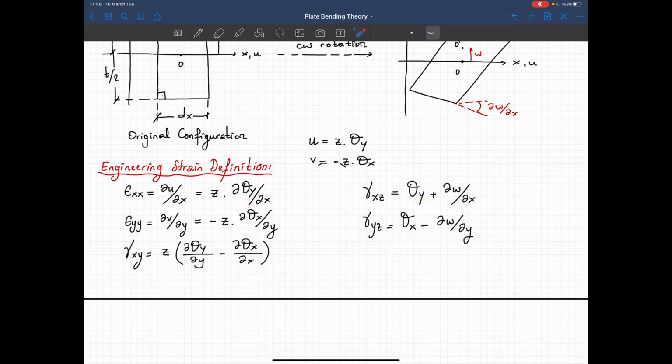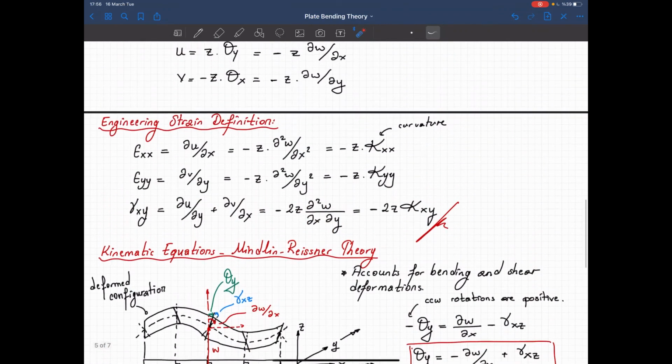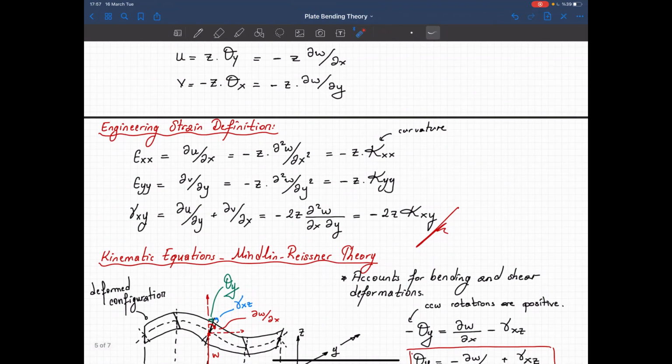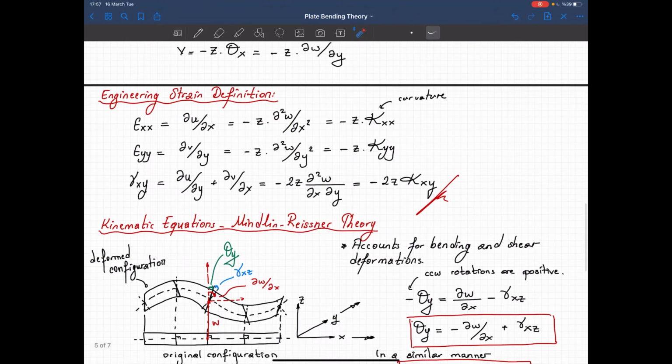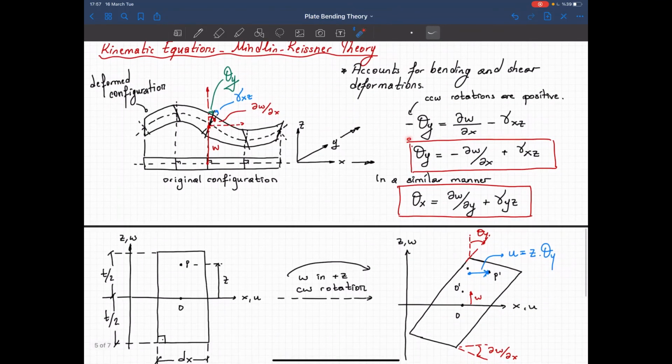So the difference of these engineering strain definitions from the thin plate element is I was able to write that the rotations are equal to the first derivative of the transverse displacement. So I was able to represent the curvature in terms of the transverse displacements. But here, if you look at the rotations, now the rotations are no longer equal to the first derivative of the transverse displacement.